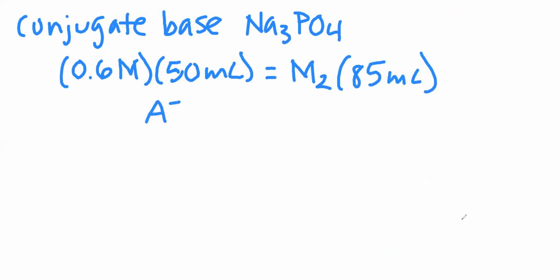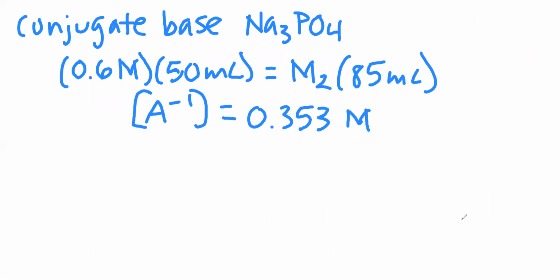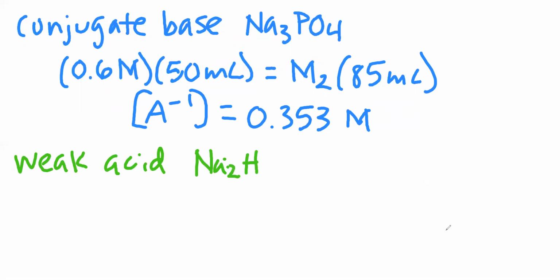So our A-1, our conjugate base concentration, is 0.353 molar. And we need to do the same for our weak acid, the Na2HPO4.